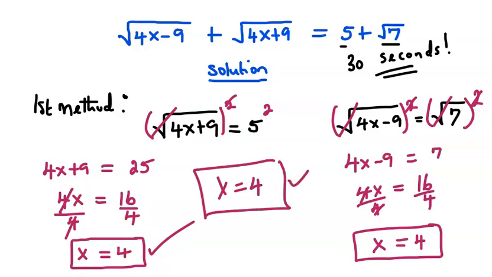Now let's go to the second method. The second method will be a little bit lengthy, right? But let us do that. So for my second method, we're going to make some nice substitutions.